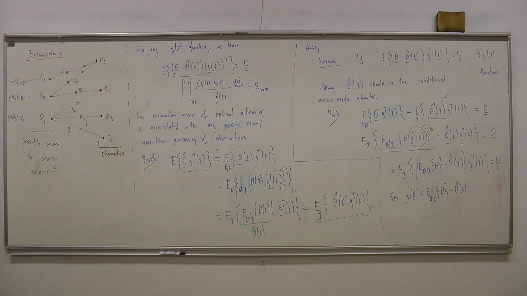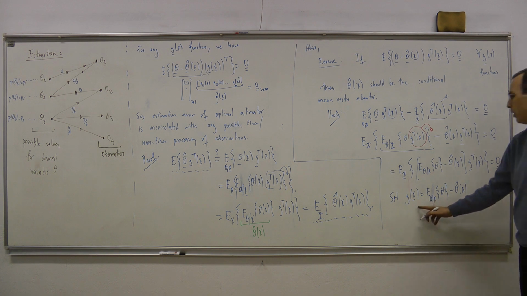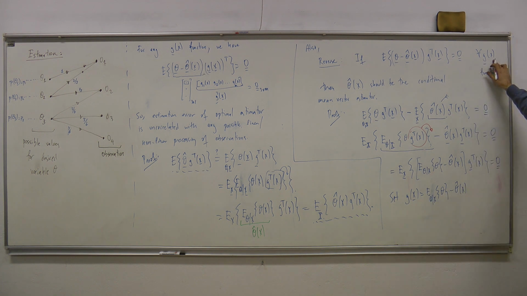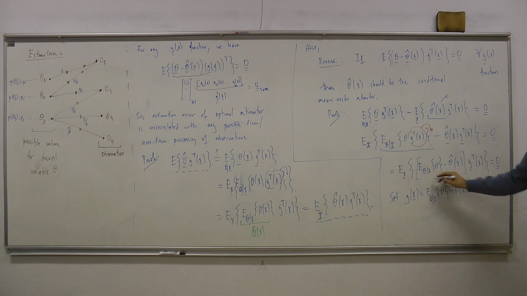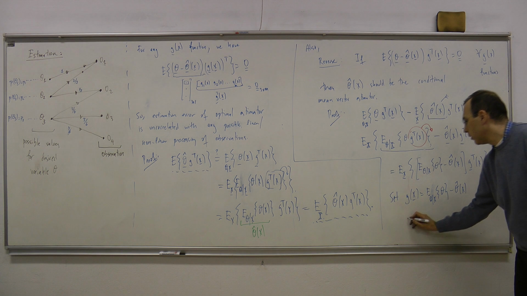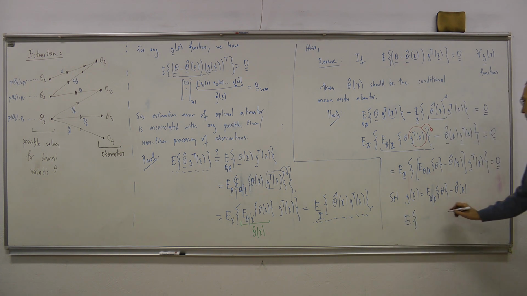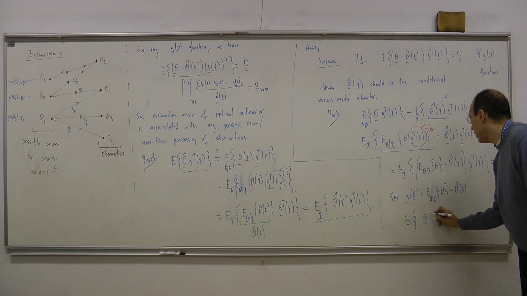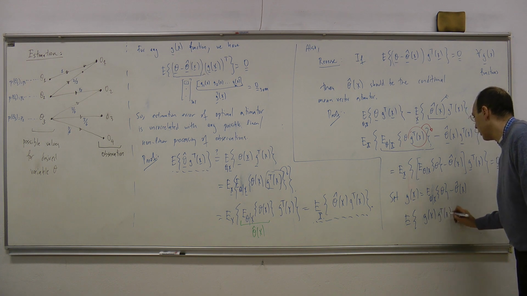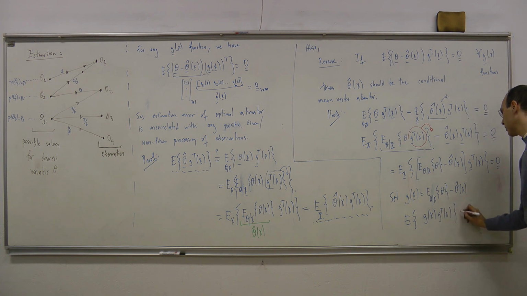Because this is valid for any G function, why not select this function as my G? It's possible to do that. Then what I see is the following: the expected value of G of x, G transpose of x, is equal to 0.